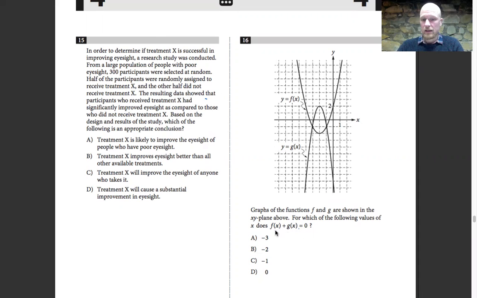So when the x input is the same for both of these functions, the y values added together will add to 0. Obviously that means we're going to have 3 plus -3 or something like that. That's going to give us 0. It has to be the same value with the opposite sign. So that's all we're looking for.